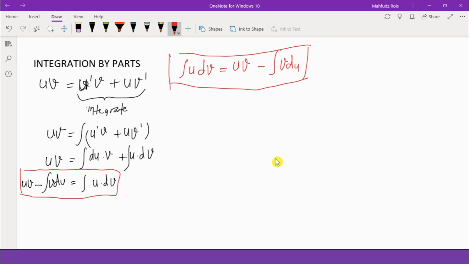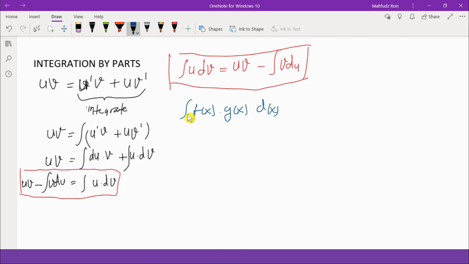So this comes from this calculation. We use this technique or formula when we have an integration of two different functions that are not related to each other.